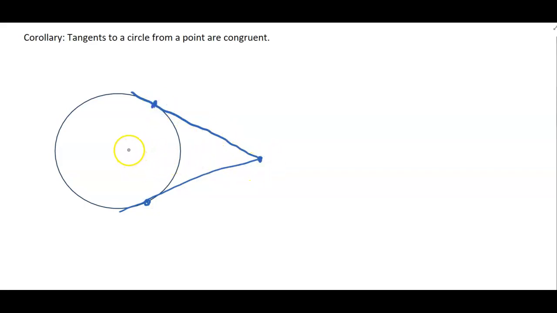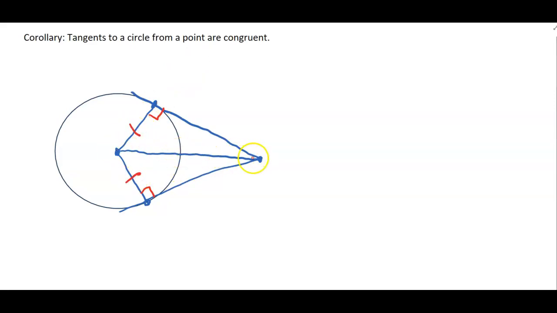All right. So what we can do is, if this is the center of the circle, and if I draw a radius out there and a radius down there, then from that theorem we just learned, these are perpendicular. And if I draw that line right there connecting the center to this point out here, well, since these are both radii, they're congruent.